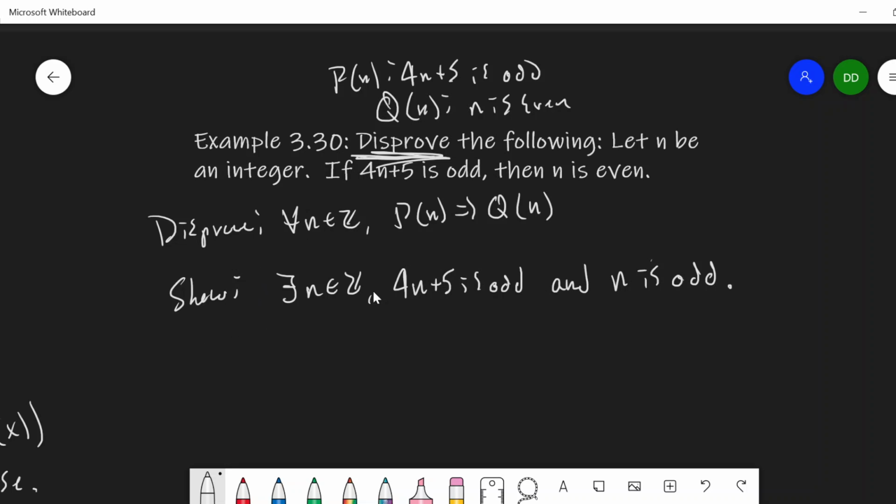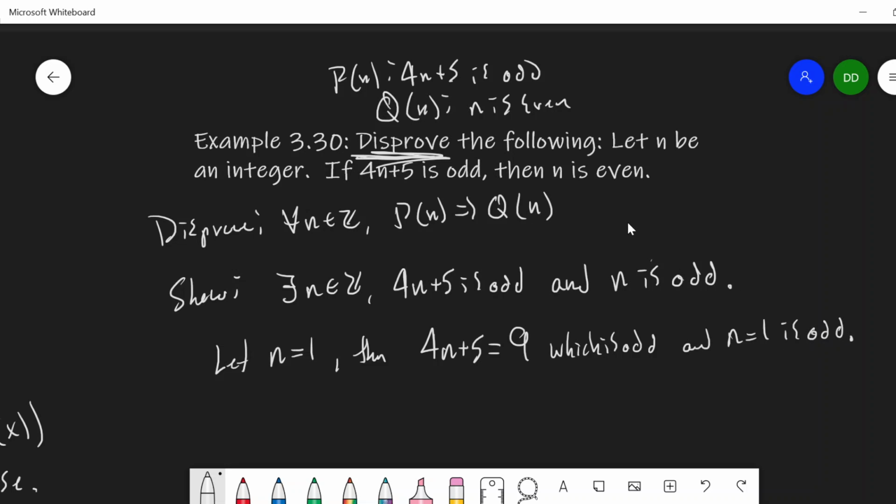Yeah, what about if n is 1, for instance? Let n equal 1. Then 4n plus 5 is equal to 9, which is odd, and 1 is odd.